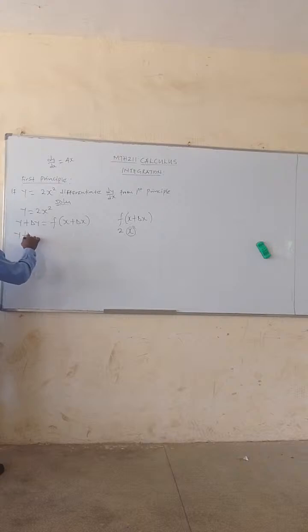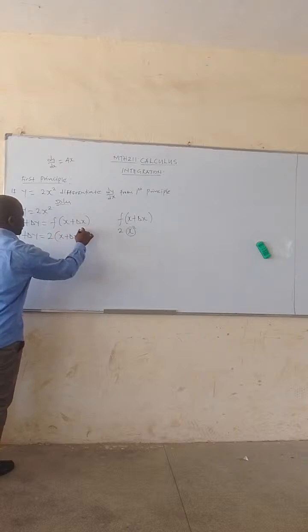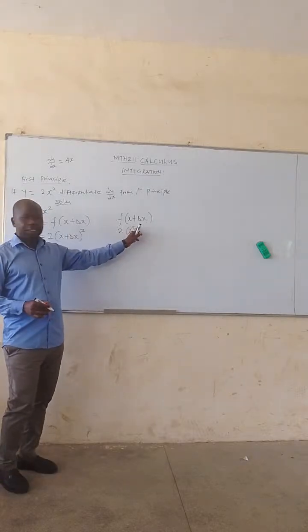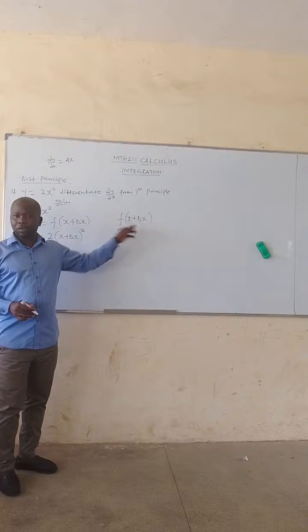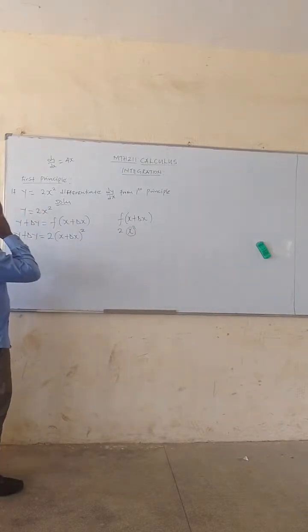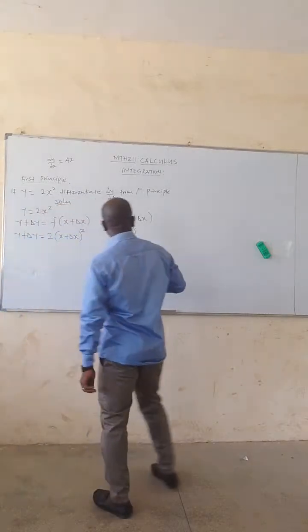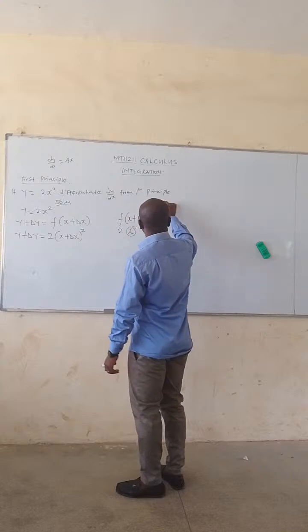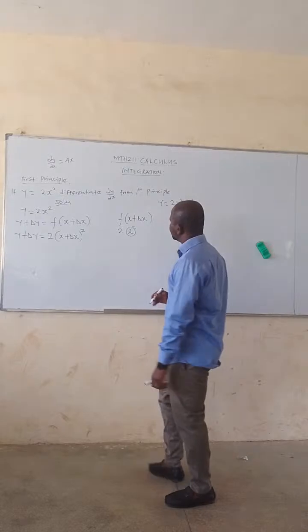y plus dy is equal to 2 open bracket x plus dx all in square. So supposing here is 3, it will be raised to power 3. Are you following? Okay. Then, assuming here, y has been given as 2x squared plus 1.